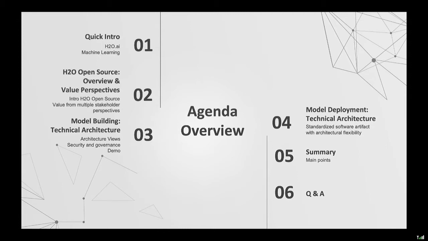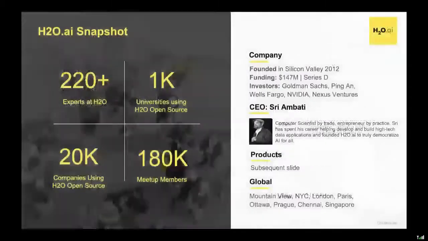Even though building the model gets a lot of attention, deploying that model is really the last step that needs to succeed for the machine learning endeavor to succeed. So we'll take a similar look at the technical aspects of H2O Open Source from a model deployment standpoint. Then I'll summarize things quickly, and we'll go into the Q&A with about 10 minutes left.